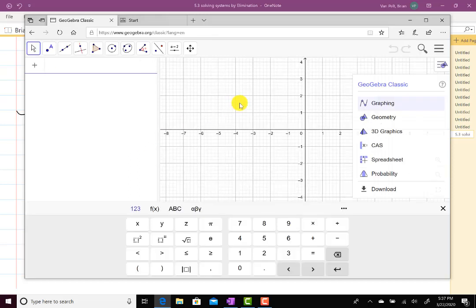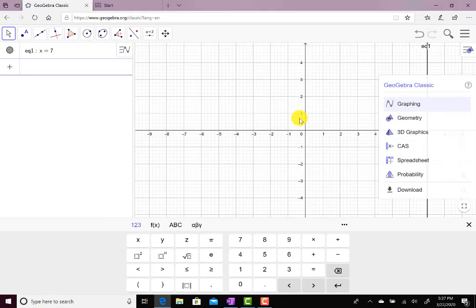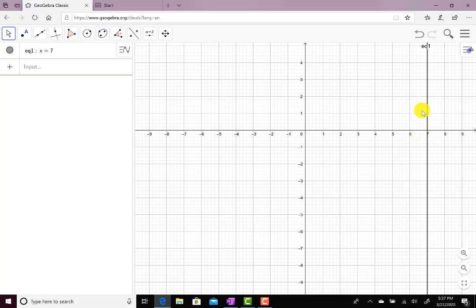So what it is, you can see it right here. It's a graphing program. Now the beauty of this is I can type in x equals 7, enter. Let me show you what happened to the equation. I'm going to make this the full screen. If I click in here, that thing will disappear. Do you see what happened here? This thing right here is x equals 7.